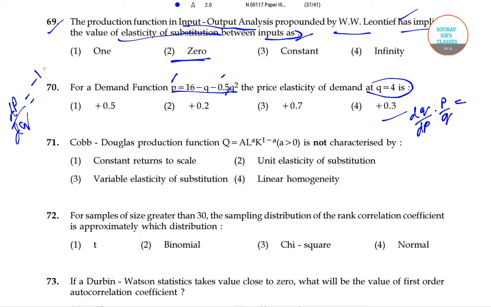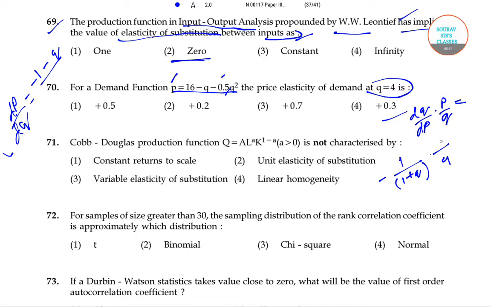From here you will get the value to be minus 1 minus Q. So we have found this. Now all you have to do is change it, so it will become 1 by 1 plus Q. And now from here you can simply put the value of Q to be 4 here.